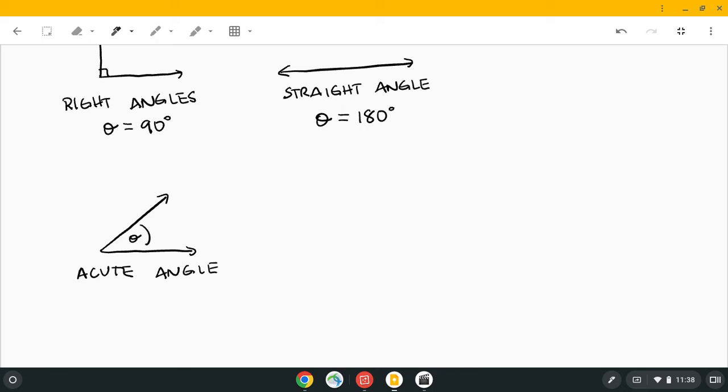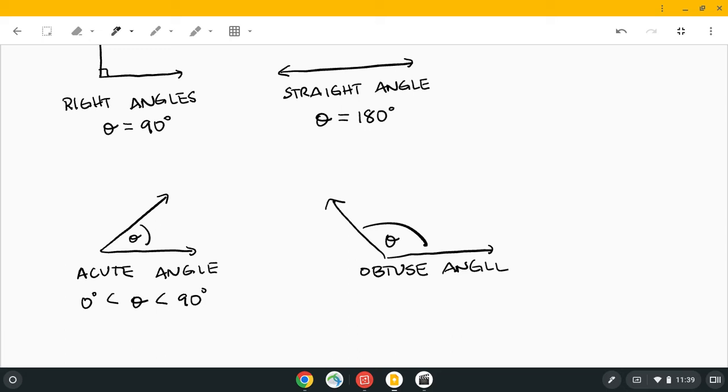That's this angle here, and this acute angle is always between 0 and 90 degrees. Okay, whereas an obtuse angle, so like this here is an obtuse angle, and obtuse angles are between 90 and 180.